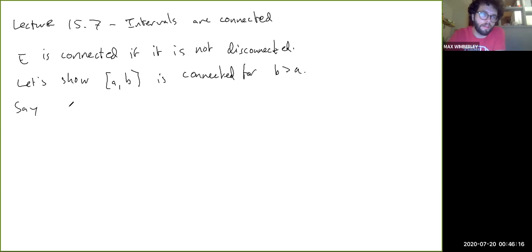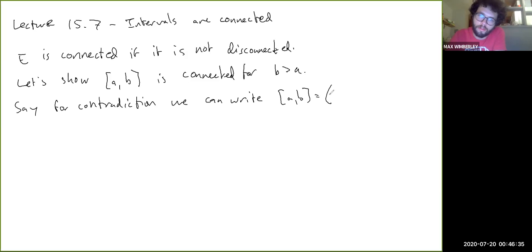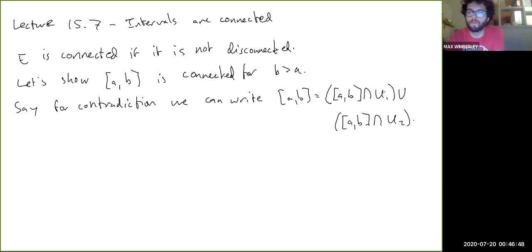So say, for contradiction, we can write [a,b] equals ([a,b] intersect U1) union ([a,b] intersect U2), right? So suppose U1 and U2 are open sets satisfying the definition of disconnectedness for [a,b].